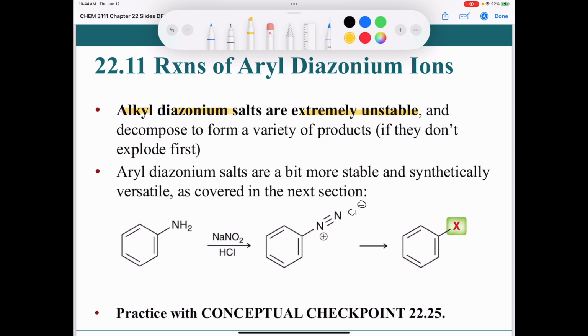You could capture the carbocation with water to make an alcohol, or you could lose a proton to form an alkene. But the reaction generates a mixture of products, and therefore it's not really useful to have an alkyl diazonium salt. Also, the expulsion of the nitrogen gas can be explosive. So we frown on making alkyl diazoniums.